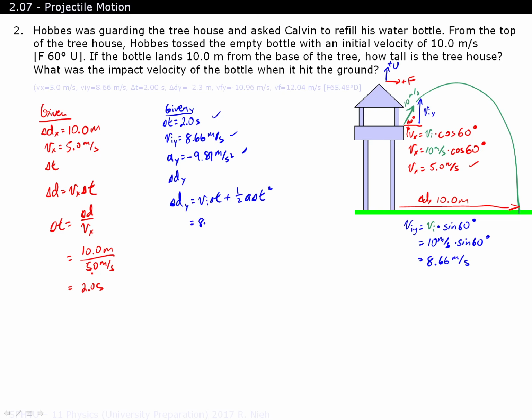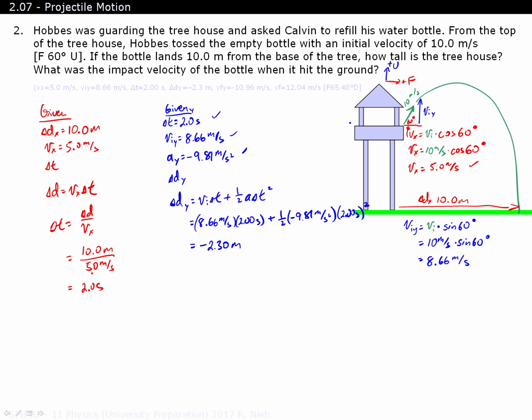Let's sub the values in. So 8.66 meters per second times 2 seconds plus 1/2 times negative 9.81 meters per second squared times time of 2 seconds. Don't forget to square that as well. And after the number crunch calculations, we find out that our vertical displacement is negative 2.30 meters.